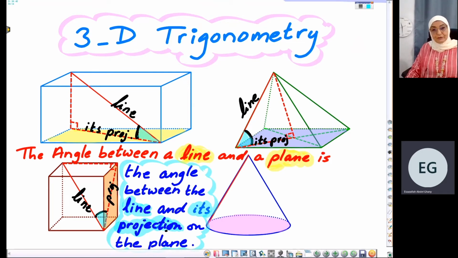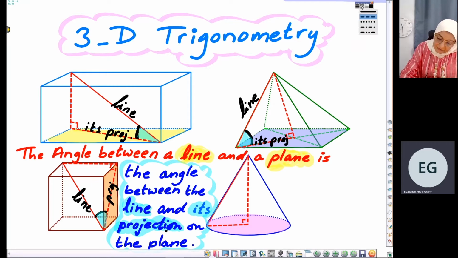What about the cone? This is the apex of the cone, which is the top point, and we need to drop a perpendicular to the center of the base. From the free end of the line, we drop a perpendicular to the center of the base, which is a circle, then join. This is the perpendicular height of the cone, and this is the angle we need to find.